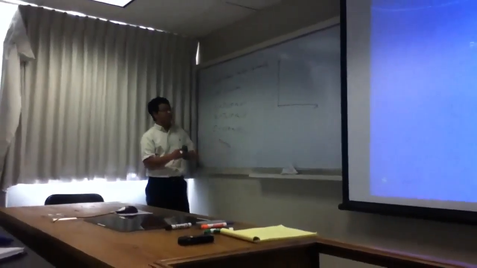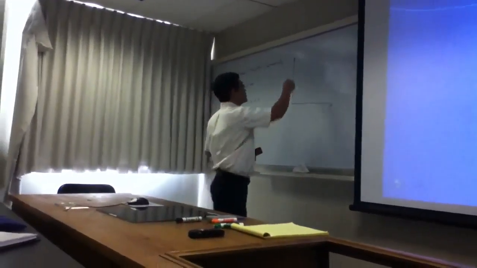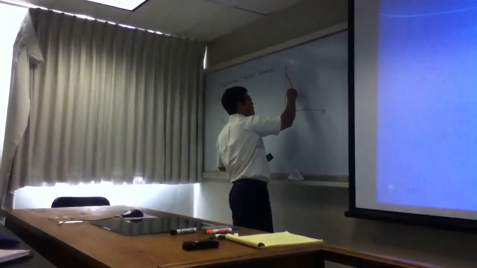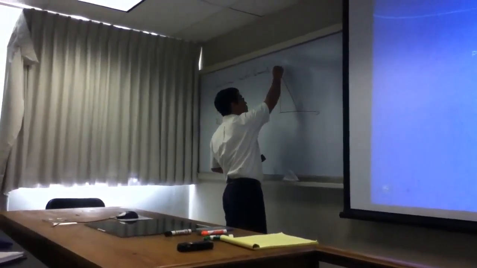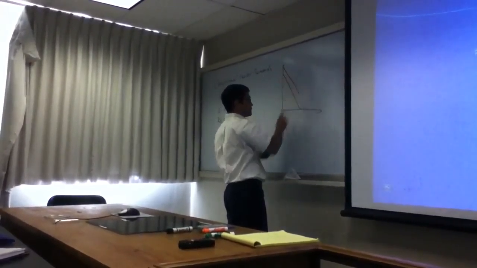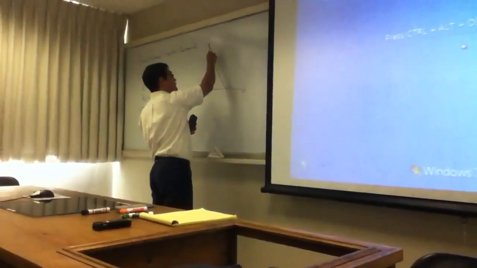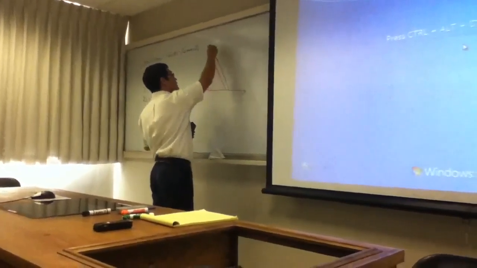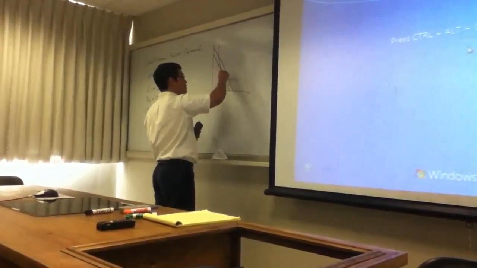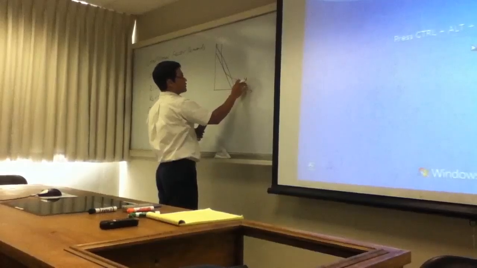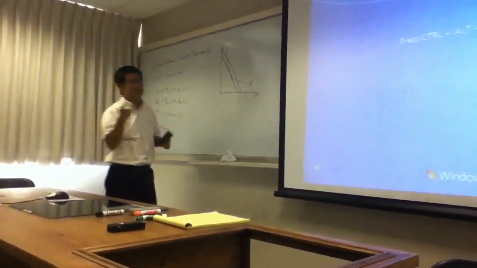Let me use a graph to show that. These are the iso-cost lines, and this is the isoquant. y is the target level of output.